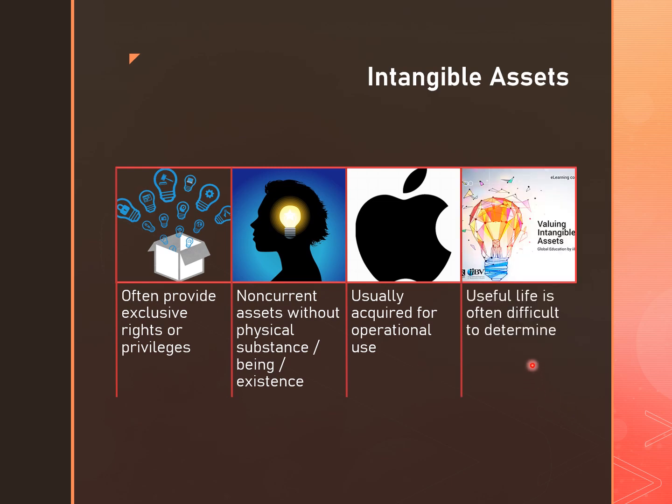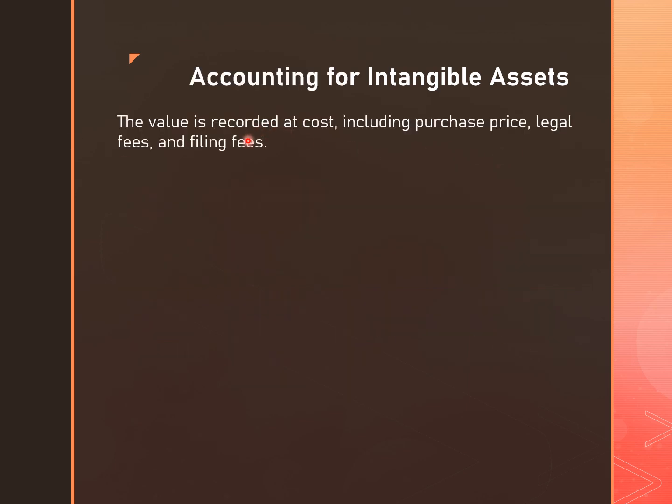Useful life is difficult to determine because we cannot see these intangibles, so it is hard to determine their useful life. So, how do we record an intangible asset? The value is recorded at cost, including the purchase price, the legal fee and the filing fee.